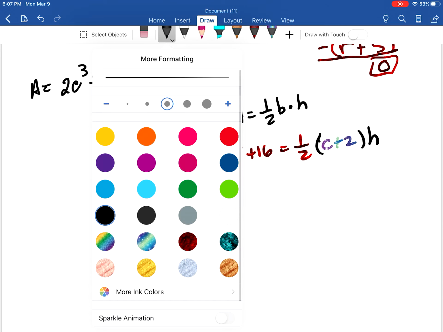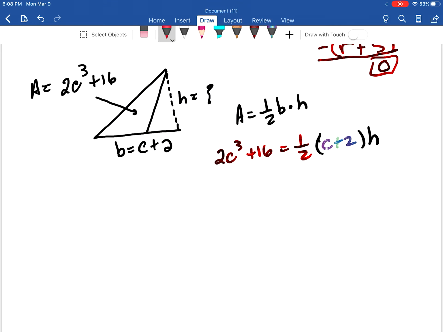Now in order to get rid of that 1/2, I'm going to get rid of that first. I'm going to multiply this side by 2. What I do to one side, I have to do to the entire side. So this 1/2 cancels, that 2 cancels, and on this side of my function, I'm left with c plus 2 times h.